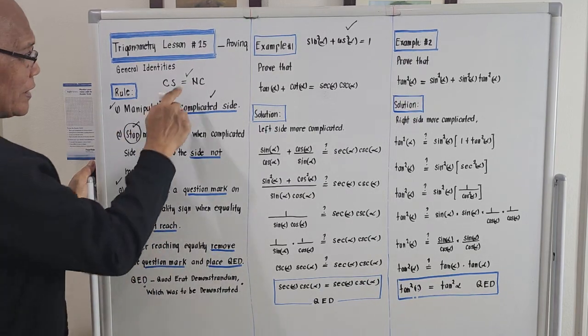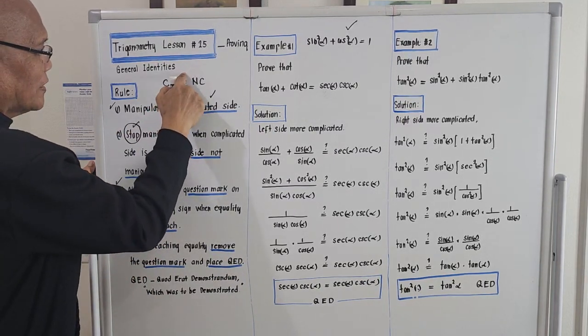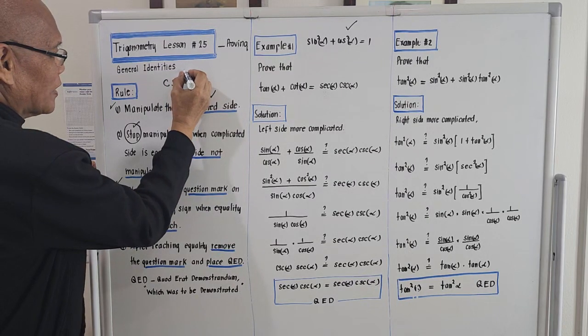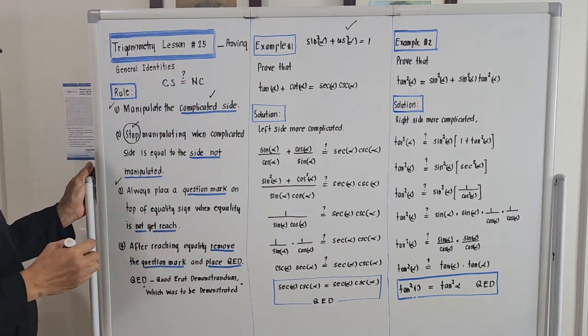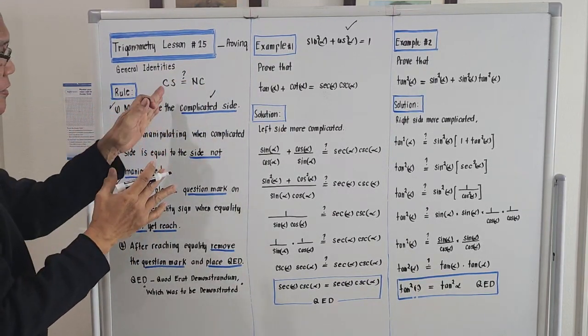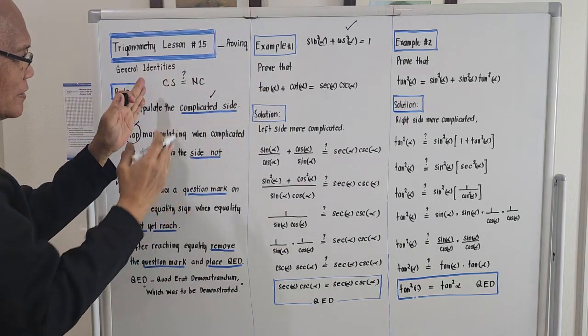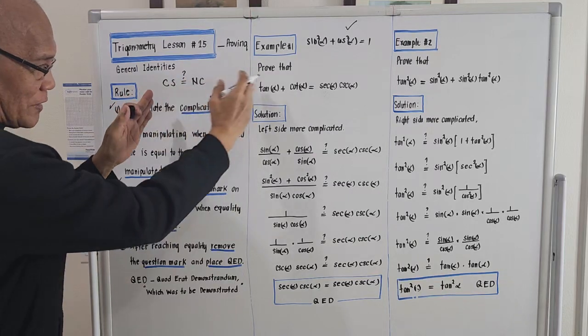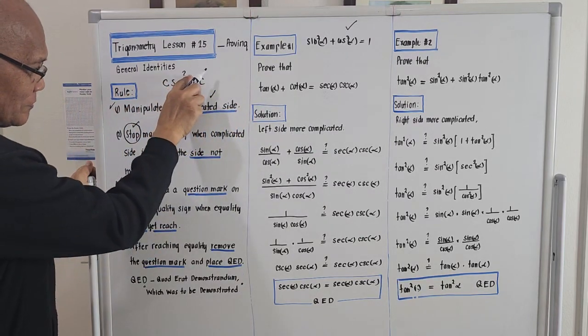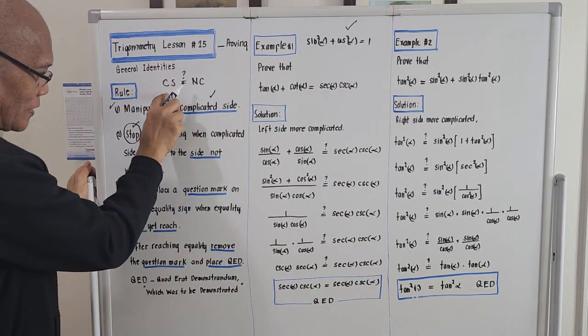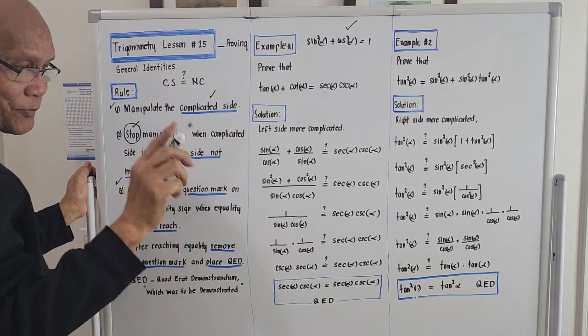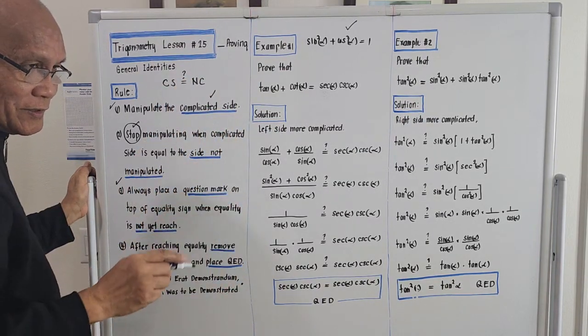Meaning, while you are manipulating the complicated side, always place a question mark. Because you are asking yourself, is the left hand side equal to the right hand side now? Or the complicated side equal now to the not complicated side? You're asking yourself. Because you can see it, if they are now equal, stop manipulating. You have proven already the identity.